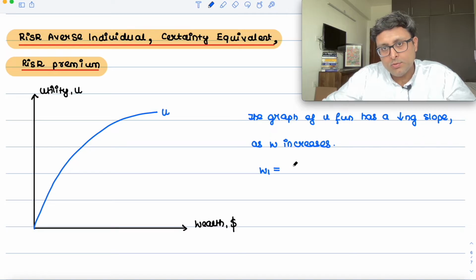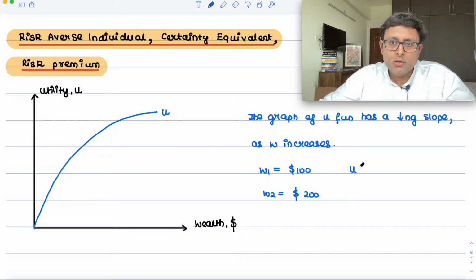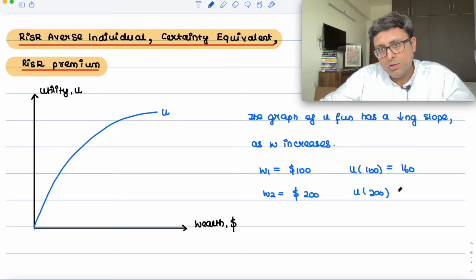One outcome is, let's say, $100, and another outcome is, let's say, $200. With $100, the utility which you derive is, let's say, 160. And with $200, the utility which you derive is, let's say, 280.